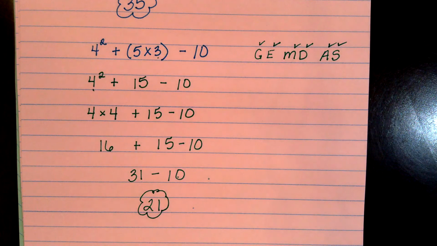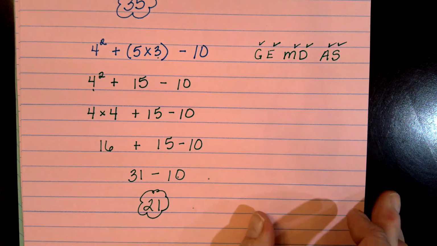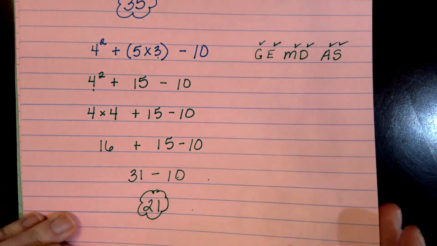You may come up with something that is similar to this, but with fractions. Again, you have to know how to do fractions to be able to do this process. So we have to put GEMDAS over here in the corner.